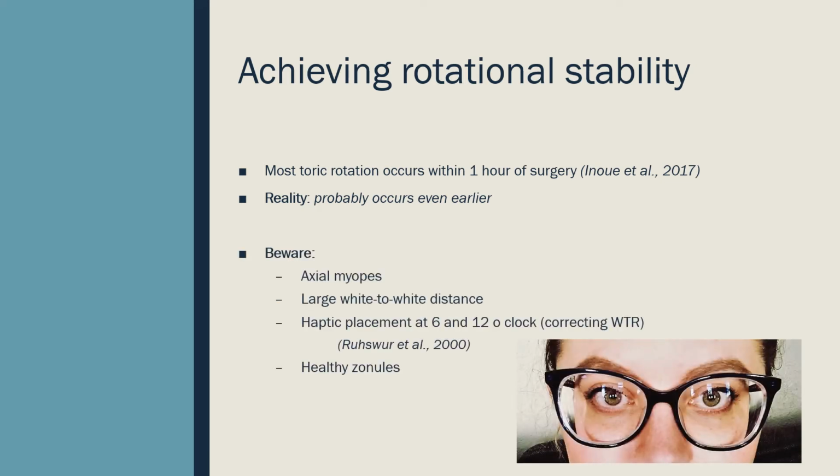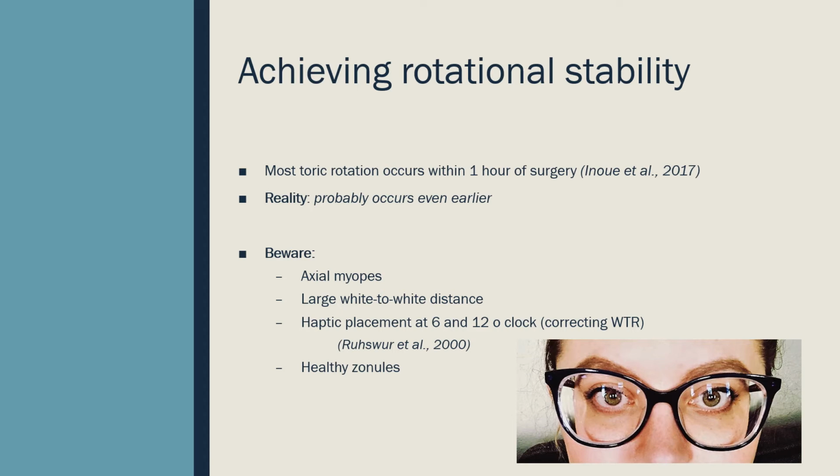Axial myopes and those with large white to whites often have more voluminous capsules, meaning that rotation is more likely. The capsule is also usually larger in the vertical meridians, so when the haptics need to be orientated at 6 and 12 o'clock, which is when we're correcting with the rule cylinder, the lens is also more likely to rotate.